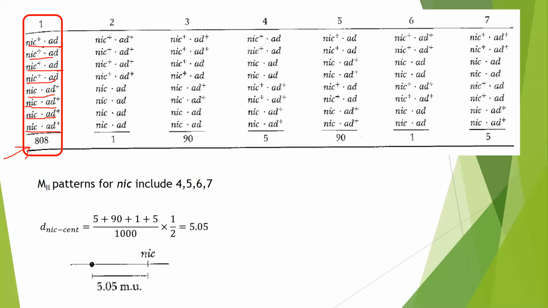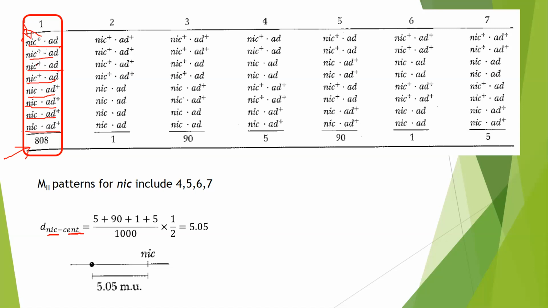Okay, now once you got the parental type, the first thing we can do is to calculate the distance between each gene and the centromere, right? So for example, if we look at the first gene, the LIC gene, just leave the AD gene alone.